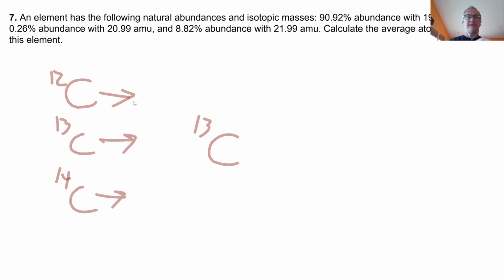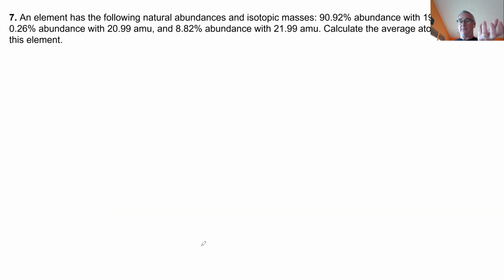So we have to take into consideration the abundance of each one, because if one particular isotope is super abundant, the average mass is going to be much closer to that one. And it's not always the smallest one. Sometimes it's the one in the middle, or it could even be the largest one. So we need to use both the abundance and the mass to figure out what the average mass is.